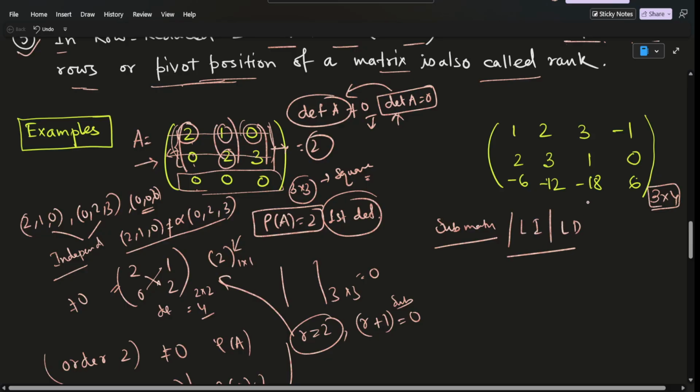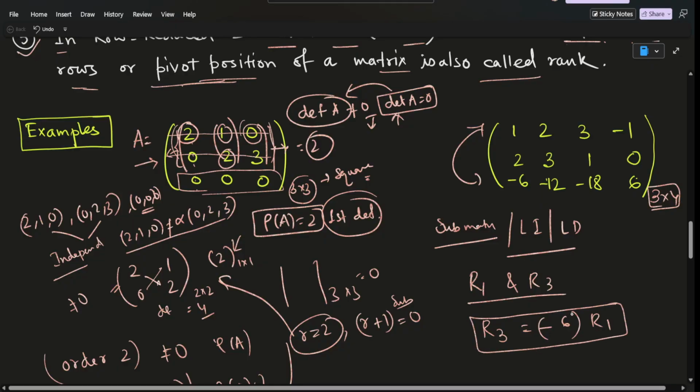So if we see this matrix, this first row and third row, what is R1 and R3? See carefully, we can write R3 equal to minus 6 into R1.